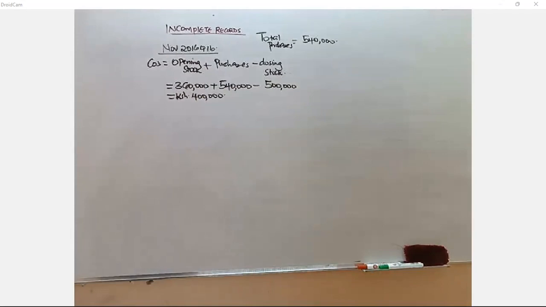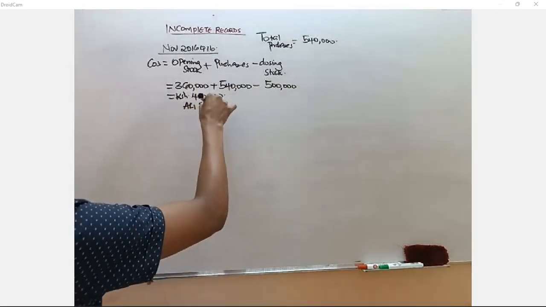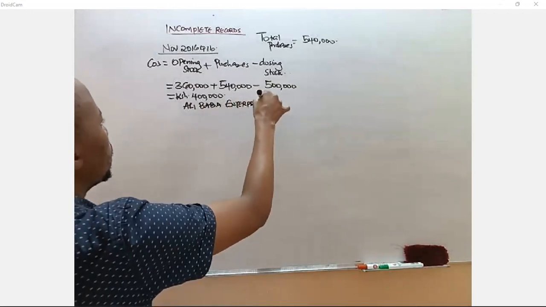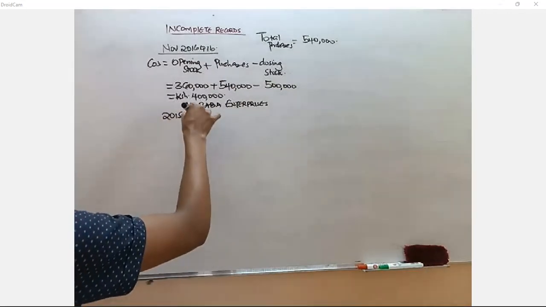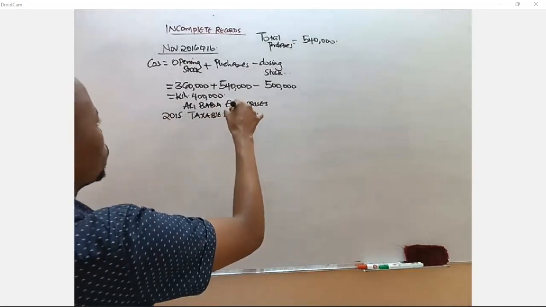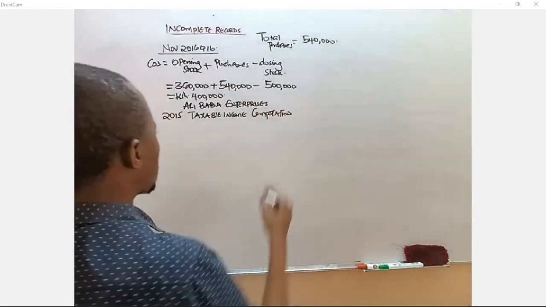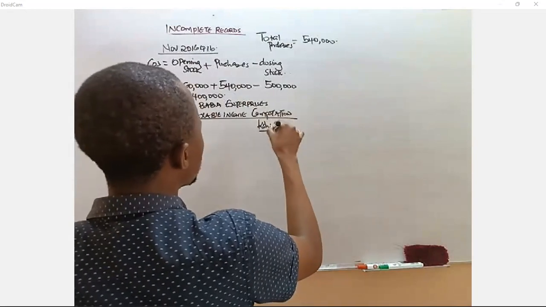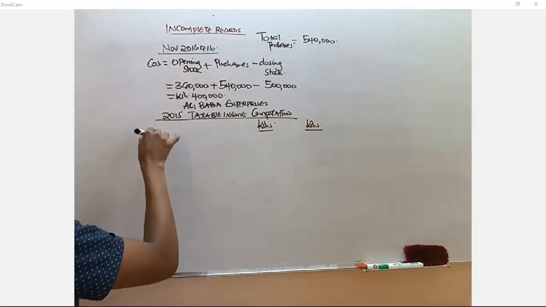Here, we are discussing Alibaba Enterprises, the 2015 taxable income computation. So we have 2 columns here for Kenya shillings, and we are going to start with our sales.